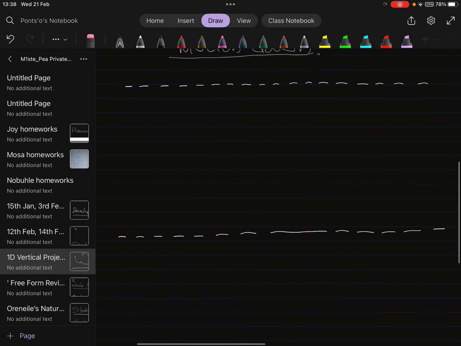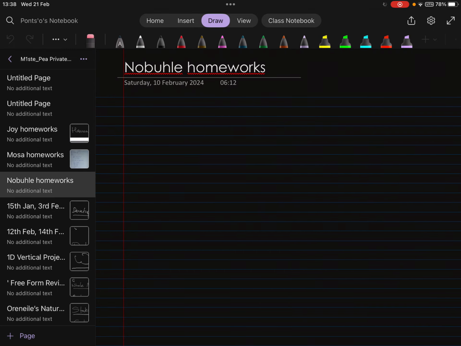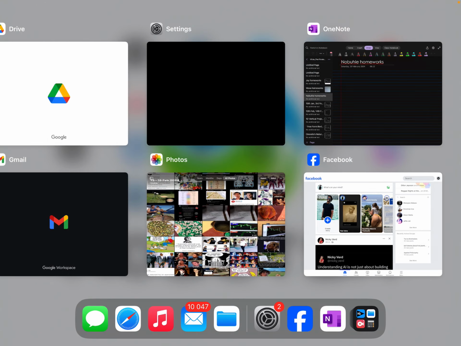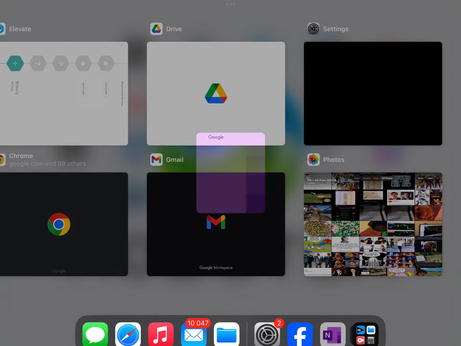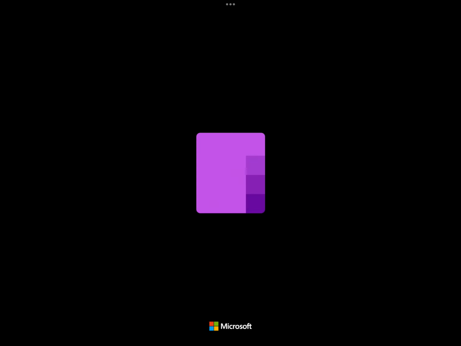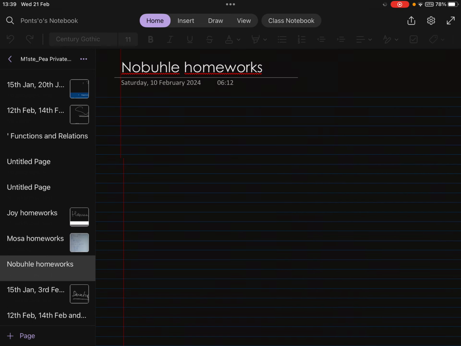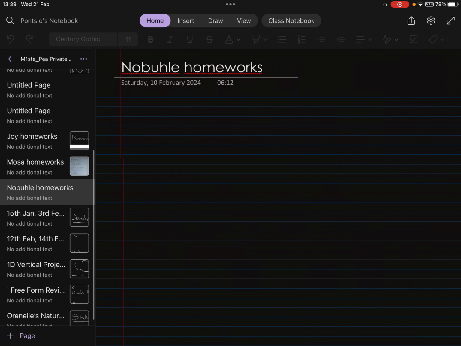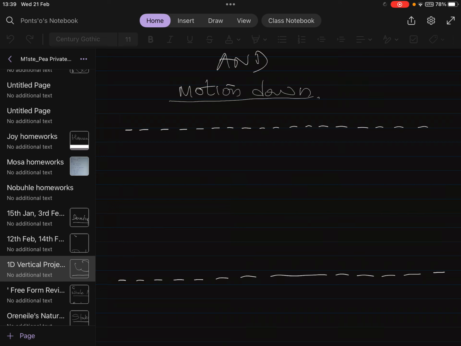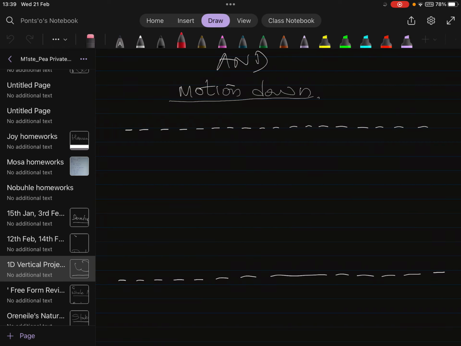Okay. Where was I? 1D vertical projectile motion. All right. So initially our ball gets hit, and that's where we have t equals 0 seconds, right?